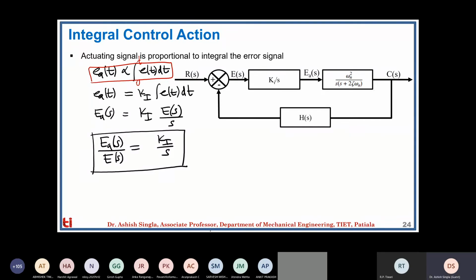So the actuating signal is proportional to the summation of the whole error present in the system till now. So it's based on accumulation of the error.